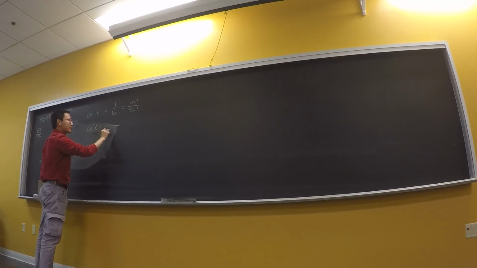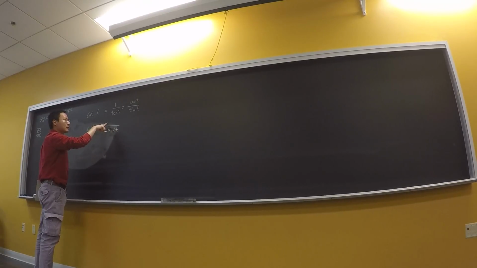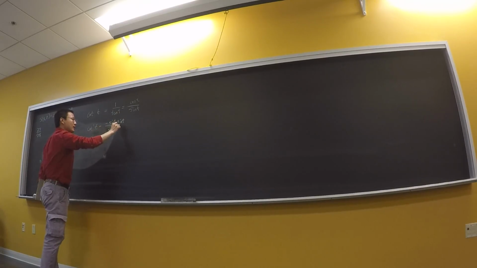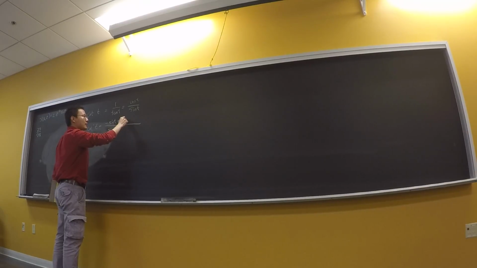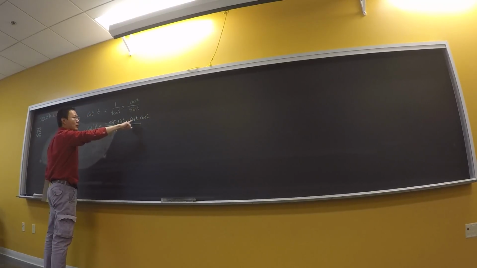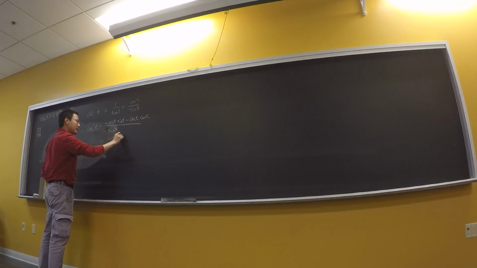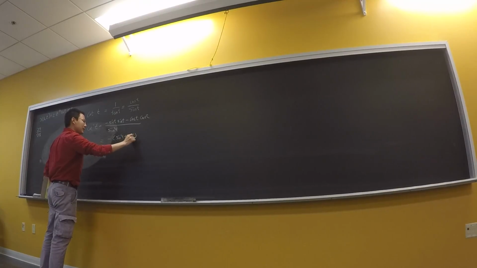It's going to be sine squared t in the denominator, and in the numerator, negative sine t times sine t minus cosine t times the derivative of the denominator, cosine t. So I have minus sine squared t plus cosine squared t divided by sine squared t.